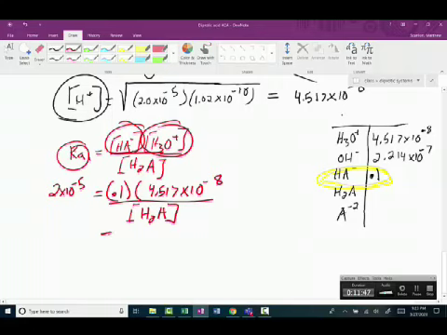And so when I do that, I get the concentration of H2A equal to 4.517 times 10 to the minus 8 times 0.1, which is 10 to the minus 9, divided by 2, exponent change sign 5, and I get 2.25 times 10 to the minus 4th.